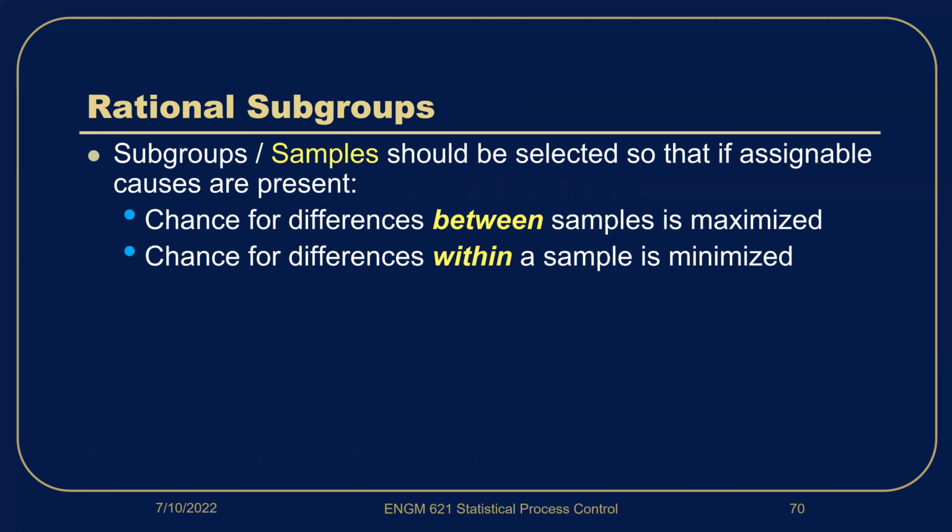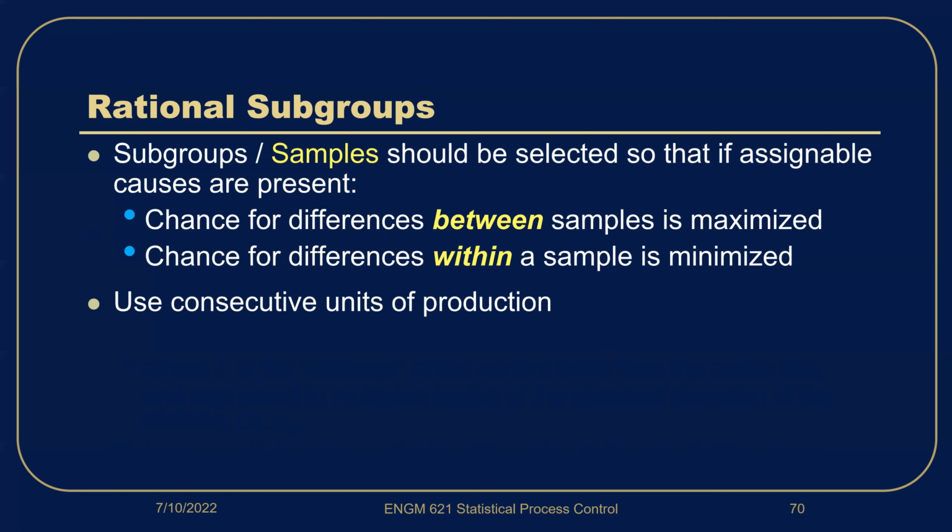Let's look at how the samples should be selected to detect shifts due to assignable causes. In other words, we need rational subgroups to make our quality control more efficient. First, when we select the samples or subgroups, we want to maximize the chance for differences between samples and minimize the chance for differences within a sample.